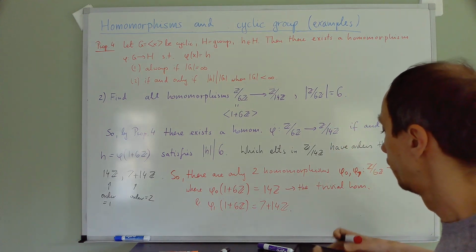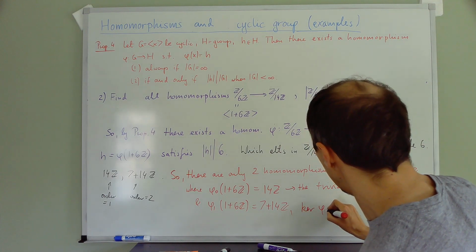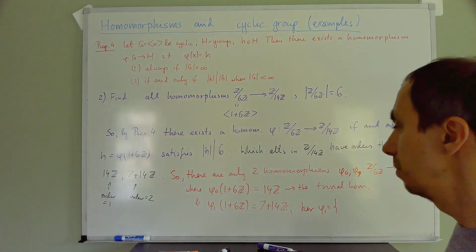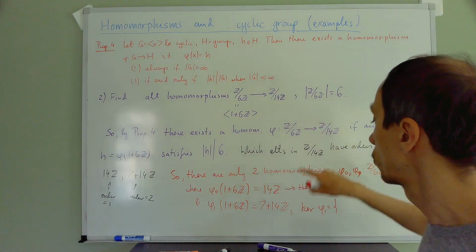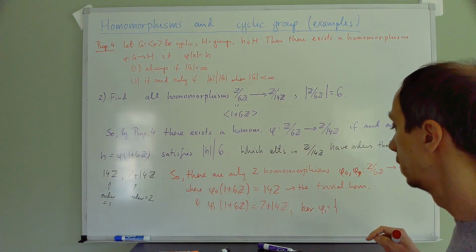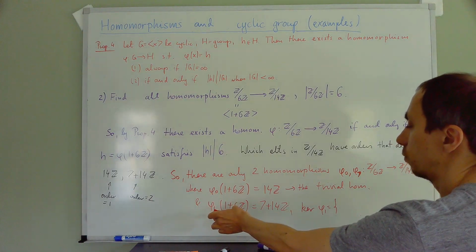What about this one? Okay, so let's try to compute its kernel. Which elements of Z mod 6Z are mapped to the identity in this group, to 14Z? Remember, we're looking at this homomorphism, not at that one.